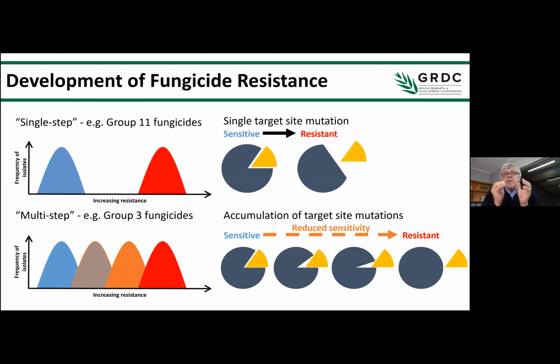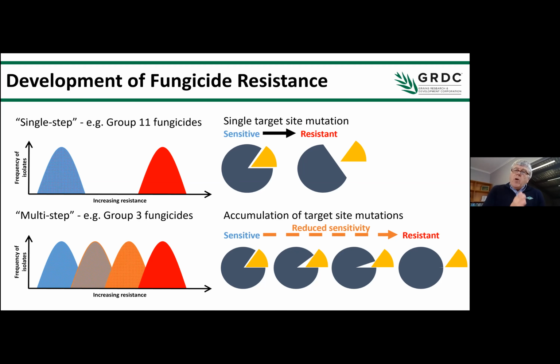And in fact, that factory, for want of a better description, that produces those cell membranes actually undergoes very slight multiple-step mutations that gradually shift the population from being sensitive to the fungicide to being resistant to the fungicides.